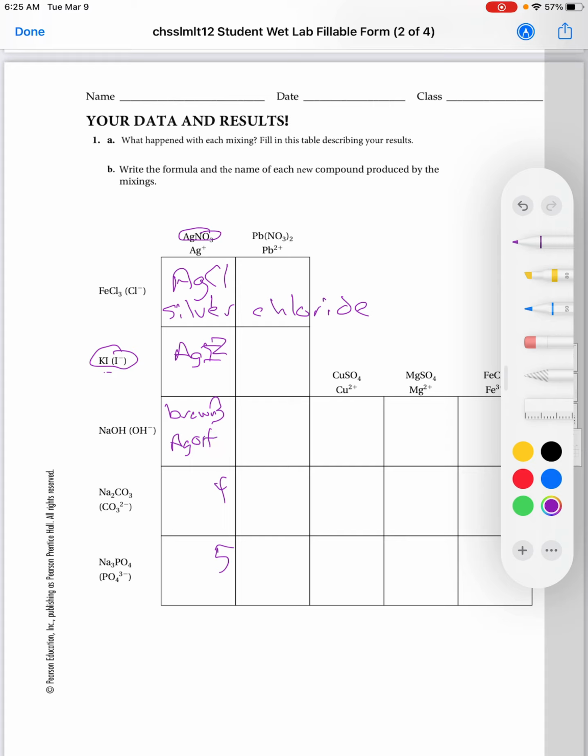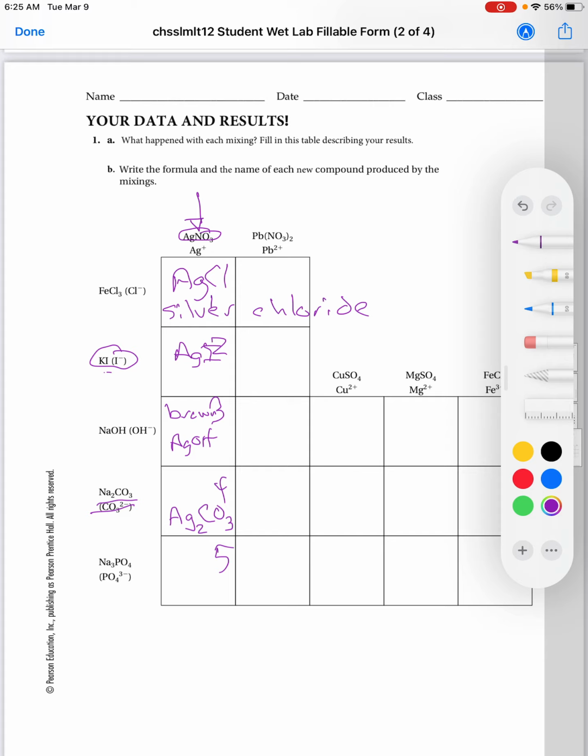I'll do it on this next one with the sodium carbonate reacting with the silver nitrate. The product is going to be silver carbonate, and of course silver is always +1 and carbonate is always -2, so you need 2 silvers and 1 carbonate.